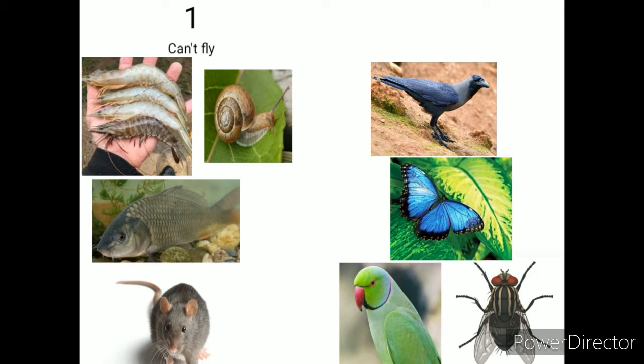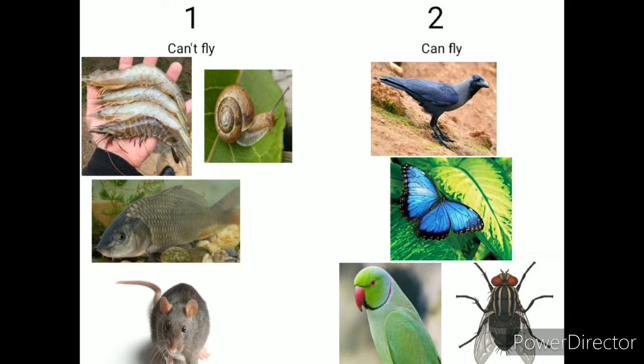That is prawn, snail, fish and rat. And in the second group, you can see the animals which can fly. It includes crow, butterfly, parrot and housefly. So this is the second classification, based on their ability to fly. There are two possibilities, the animals which can fly and which can't fly.